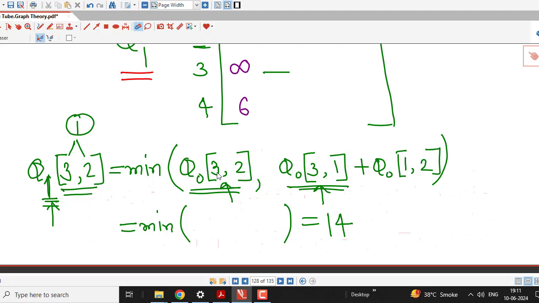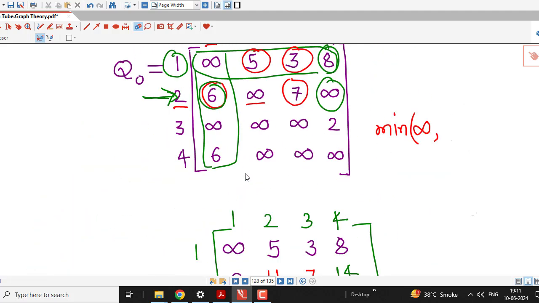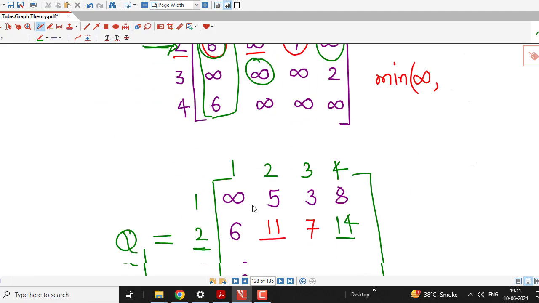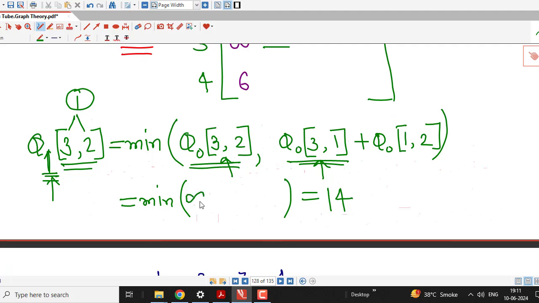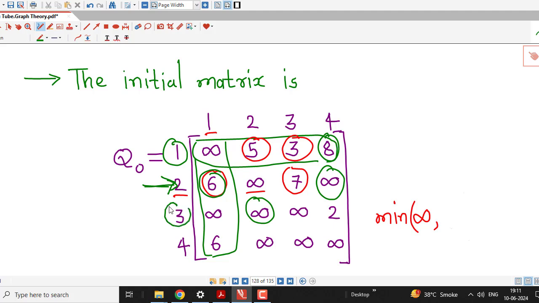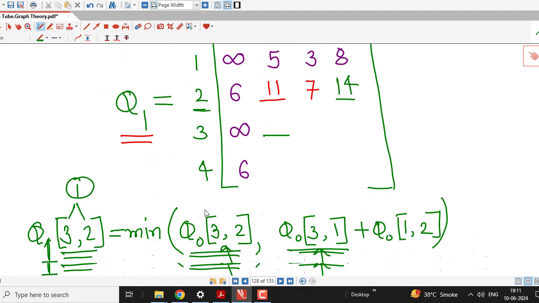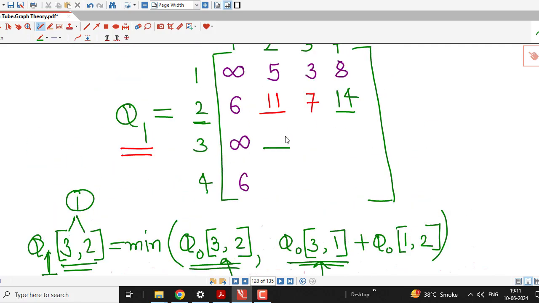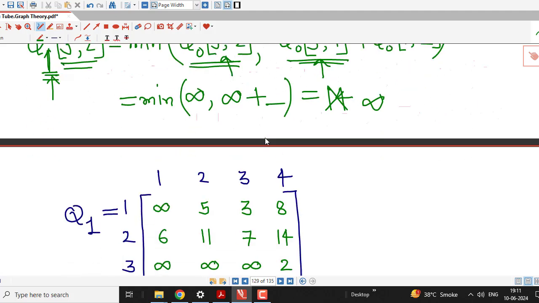I have to look for Q0 of 3, 2, this is 3 and 2, Q0 of 3, 2 is infinite, so that I will write here. Then Q0 of 3, 1, 3 and 1, that is also infinite, and don't worry about this because this is going to be infinite, so here I will write infinite. So in this way I have written the Q1 matrix here.